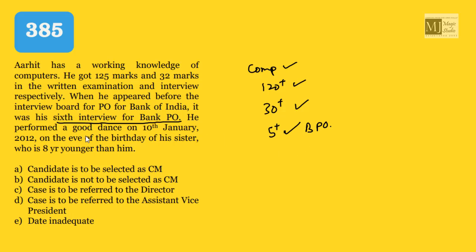Done. 4. He performed a good dance on 10th January 2012 on the eve of the birthday of his sister, who is 8 years younger than him. What about his age? Arhit's age is missing.